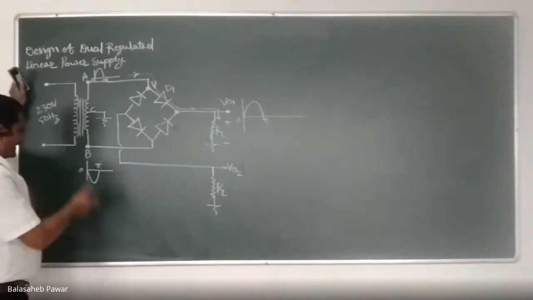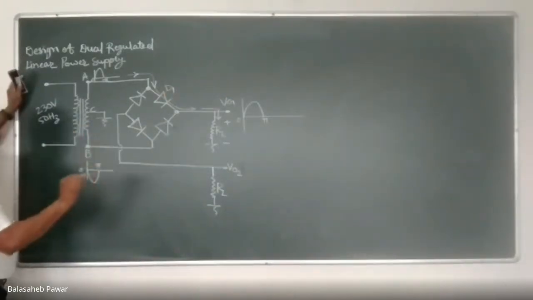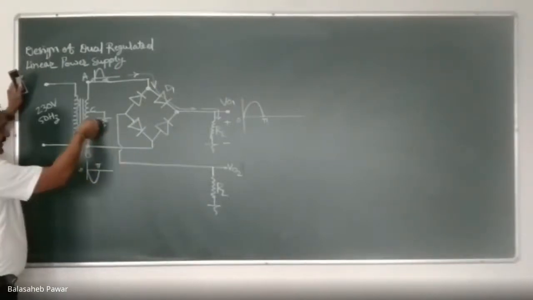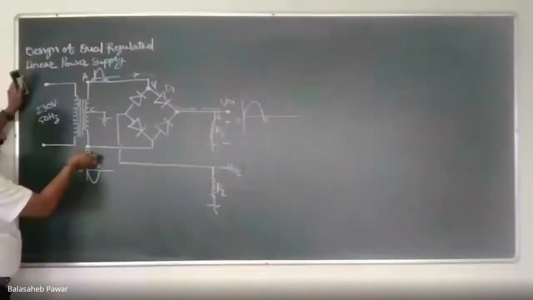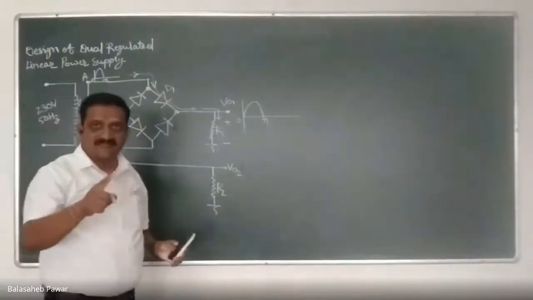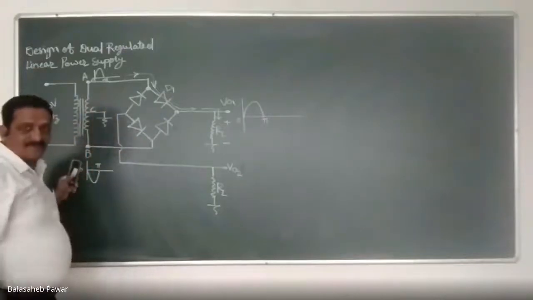Now, at the same time, we will analyze the lower half, that is for time period 0 to pi only. Already I told, as terminal B is at negative potential, its respective center tap will be at positive, correct? That means this ground is at positive potential with respect to B. And that's why whatever current flows will flow from ground through RL towards terminal B. And we have to find out the path now, correct?